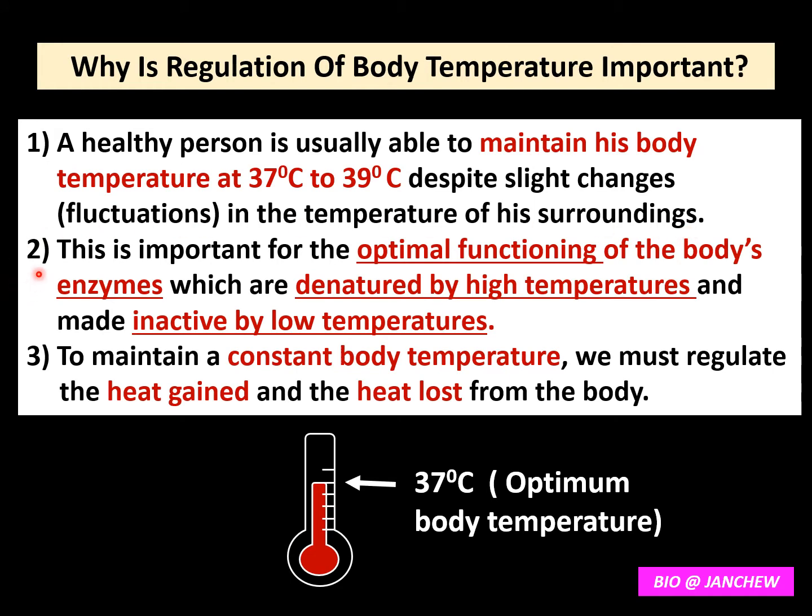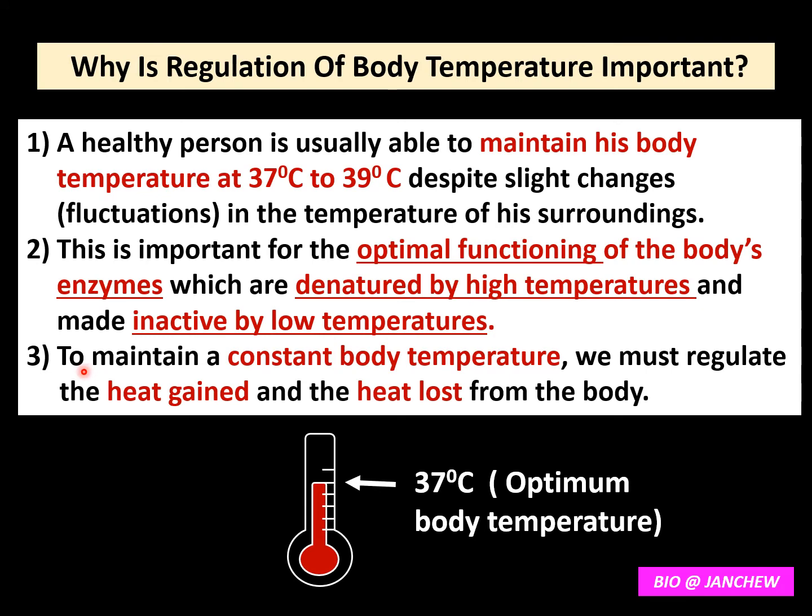Number 2, this is important for the optimal functioning of the body's enzymes, because our body's enzymes are sensitive to changes in temperature. Enzymes can be denatured or destroyed by high temperatures above, let's say, 45 degrees Celsius, and they are made inactive by low temperatures, such as 0 to 10 degrees Celsius.